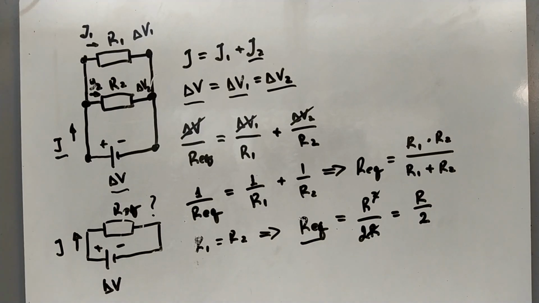In that case, we have equivalent resistance which is smaller. It will be always smaller than the smallest resistor which is connected in parallel. If we connect two resistors which are equal to each other in magnitude, then the equivalent resistance will be twice smaller than individual resistance. So thank you very much for attention, and see you next time.